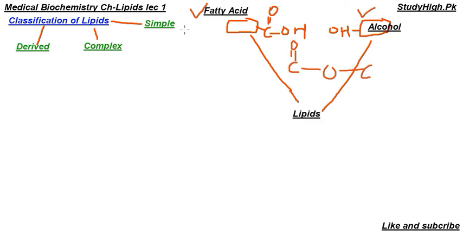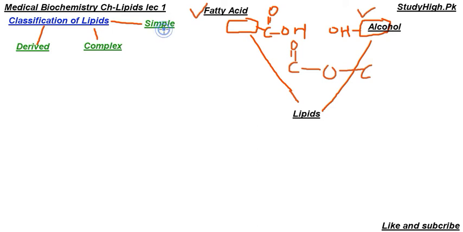As it consists of only fatty acid and alcohol, we further classify simple lipids into different types on the basis of the nature of the alcohol, whether it is monohydric, dihydric, or polyhydric, or on the basis of the fatty acid, whether it is unsaturated or saturated. So these are the different types of classification of simple lipid.